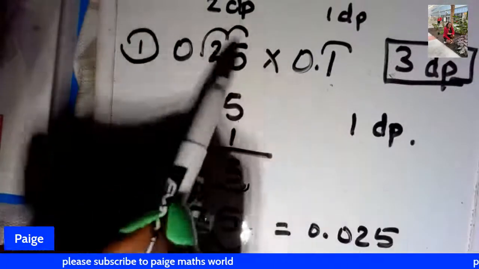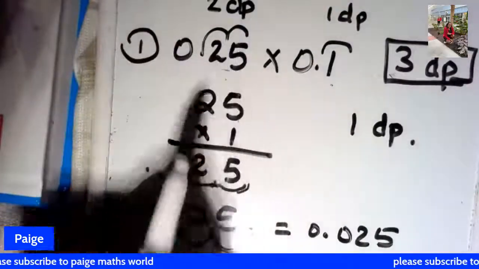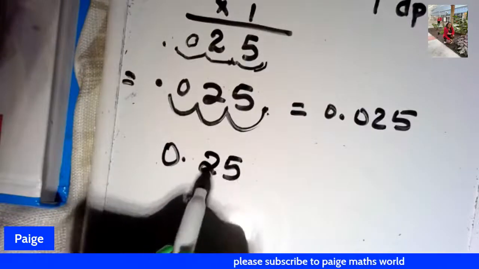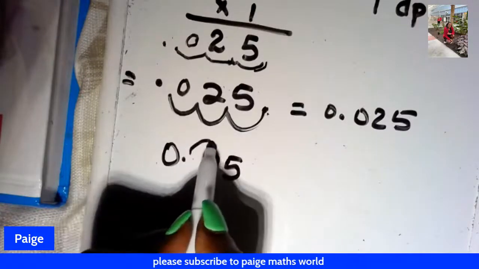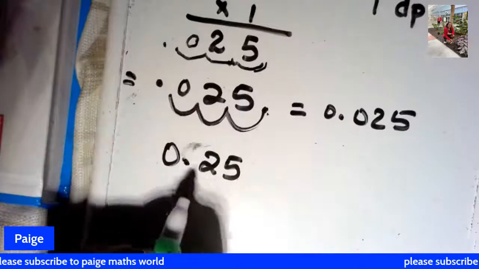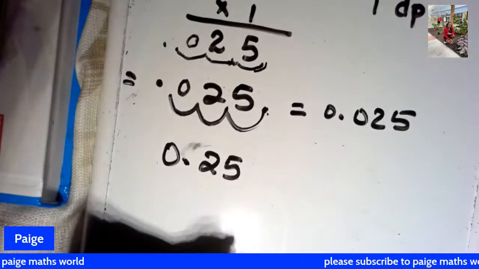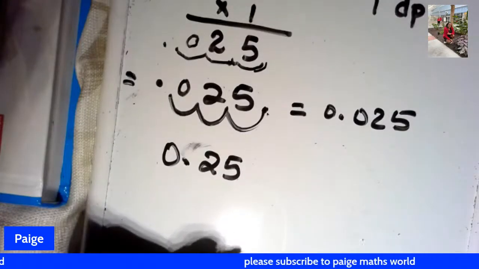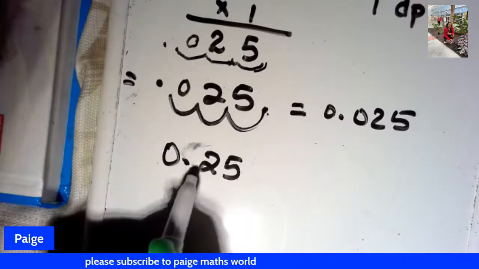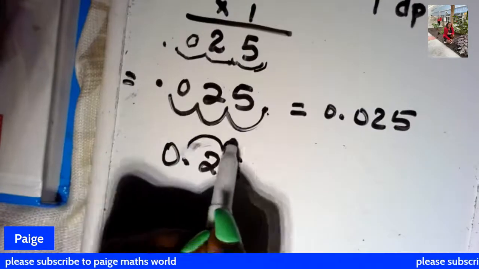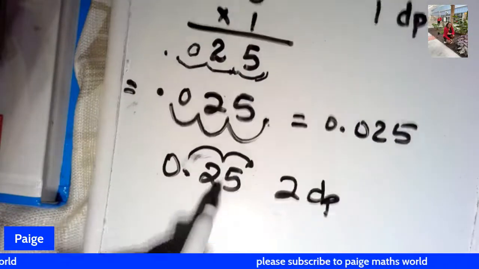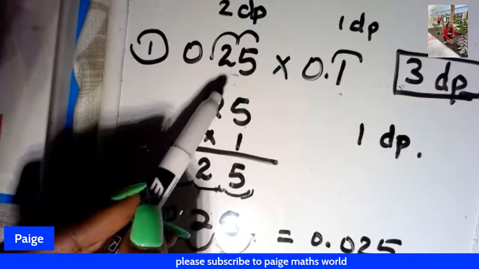All right. So look at this. This was 0.25, right? 0.25. How many places do I have to move this to the right to make it a whole number? 2. Yes. Okay, no problem, Jay. It's 2, right? So we're going to take it out 2 places. So we know that that's 2 dp that we just took out of this 0.25.